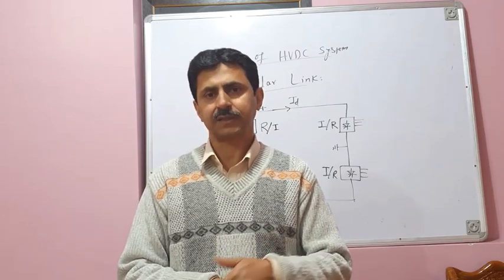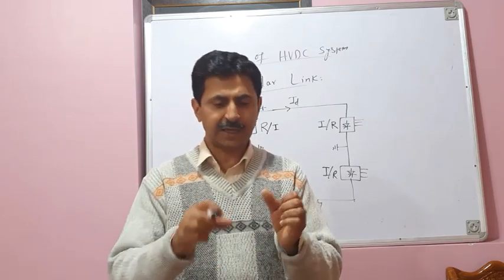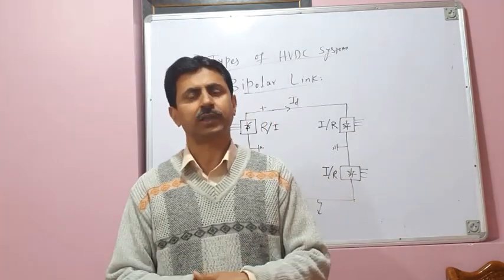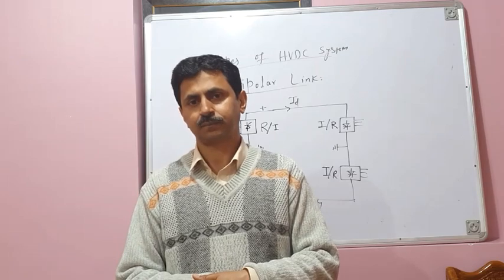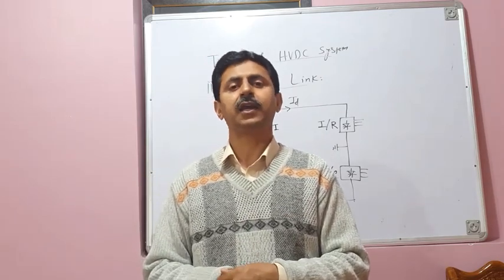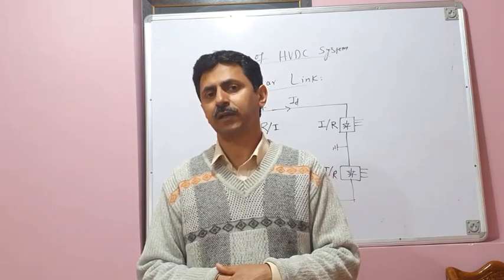It also results in induced voltages. And if the ground rod is broken, other problems also occur. That's another drawback with the monopolar HVDC link. That is why the monopolar HVDC link is generally not used.